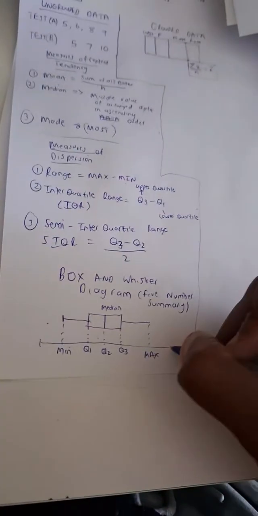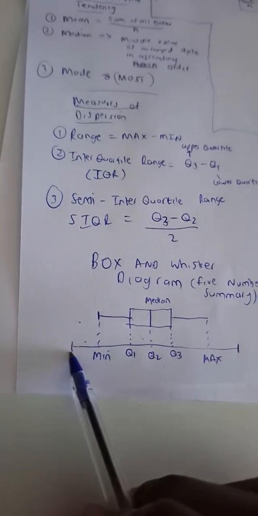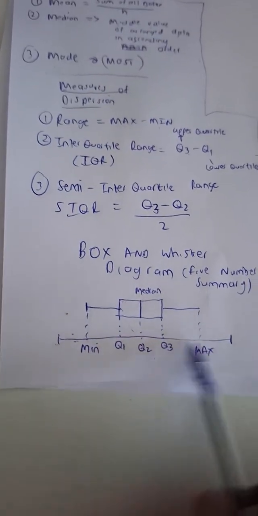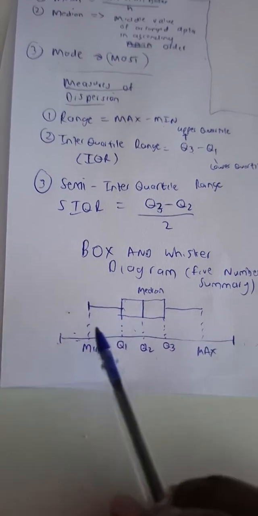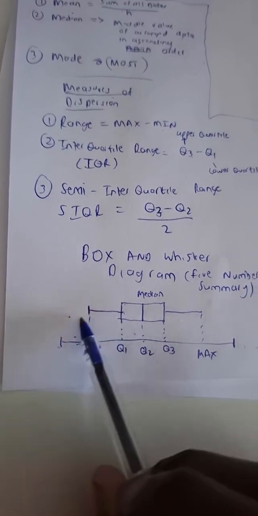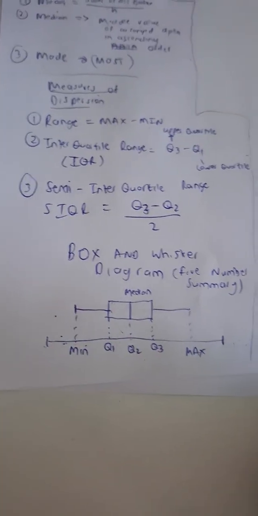And this here would be your scaled number line, whereby you will be able to show all your values on this number line.